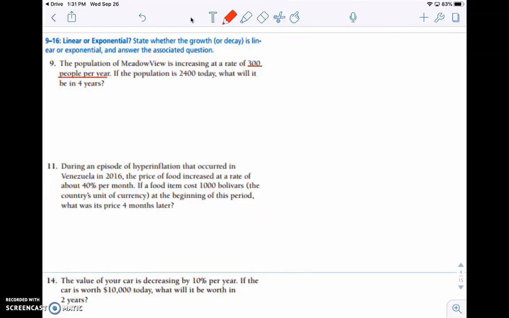That constant rate of adding or growing by 300 per year is going to be linear growth, because it's just adding 300 on. And so over 4 years, we start with 2,400 plus 300 times 4, which is 2,400 plus 1,200, so you'll have 3,600 as your population 4 years later. That would be a linear growth because you're adding the same amount each time.